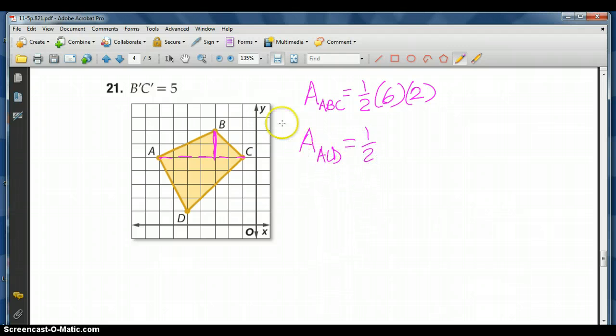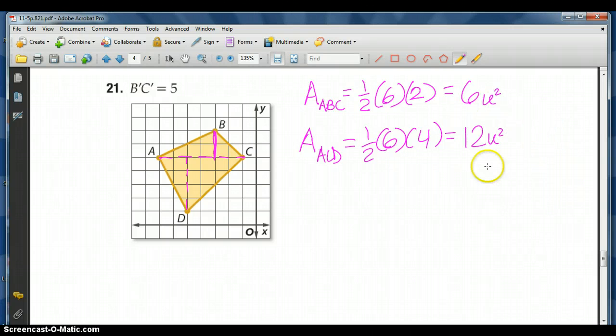And triangle ACD would have the same base, but its height is 4. So if we add our 2 areas together, we get a total area of 18 square units.